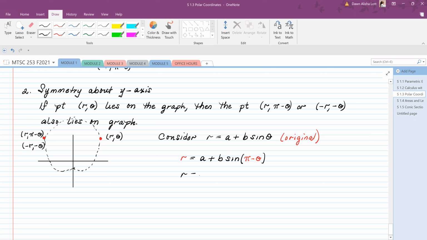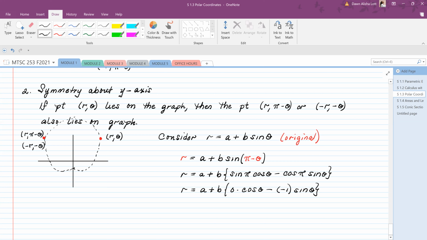So we get r is equal to a plus b, and the sine of that is the sine of pi times the cosine of theta minus the cosine of pi times the sine of theta. Okay, so r is equal to a plus b, the sine of pi is 0 times the cosine of theta minus the cosine of pi is -1 times the sine of theta.